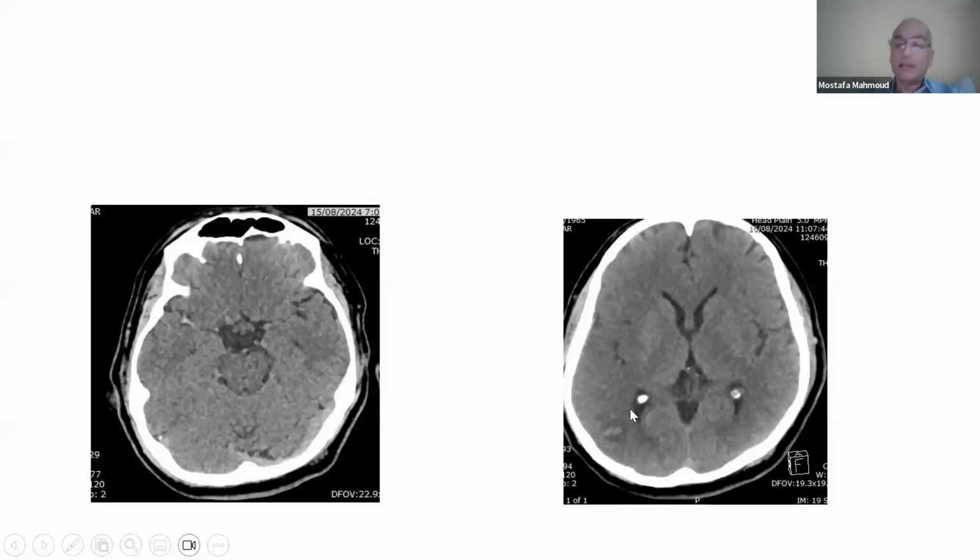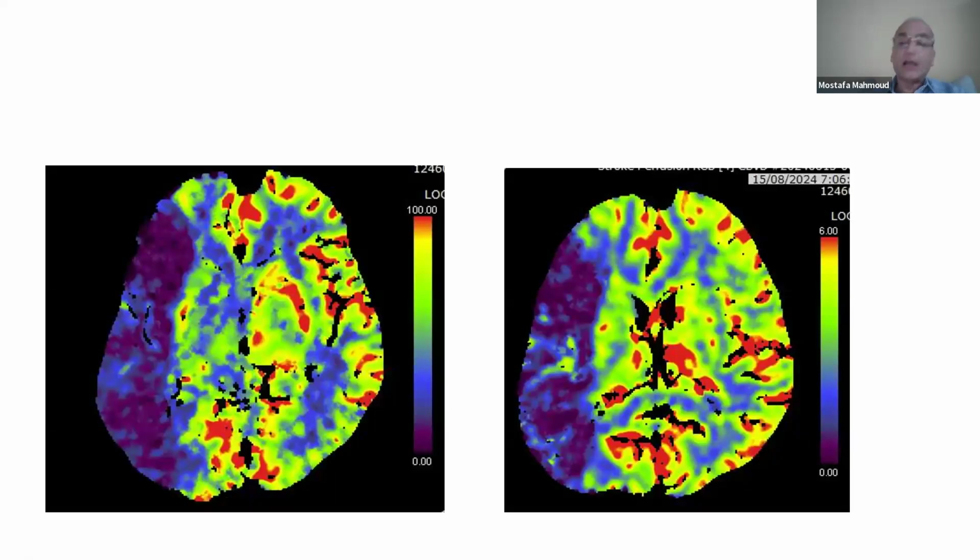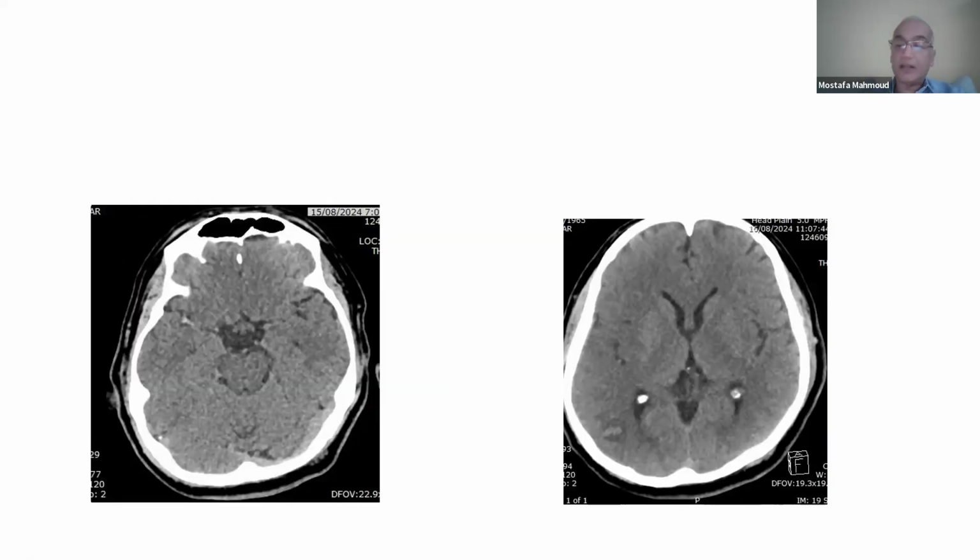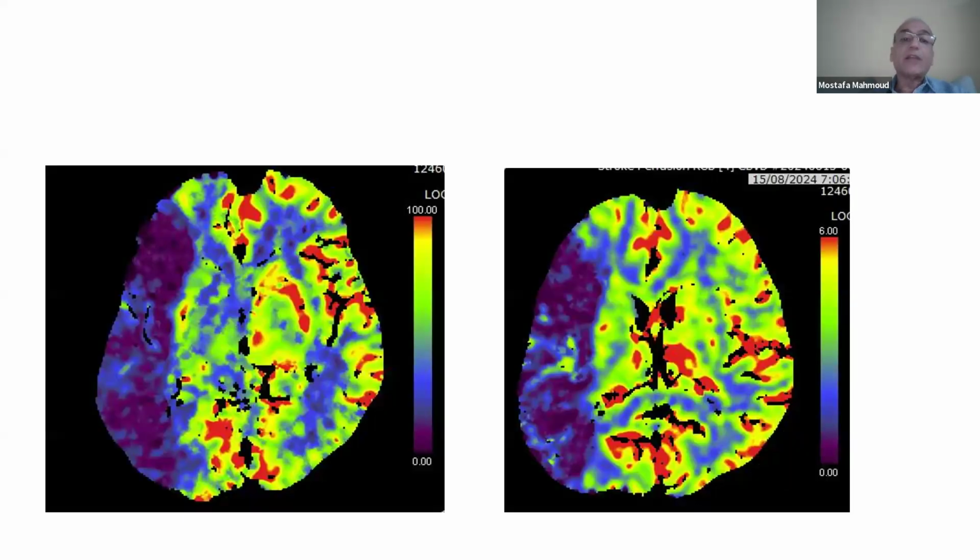Plain CT: obviously there is a hyperdense sign in the MCA, and a typical matched defect. We will go for thrombectomy anyway, whatever the CTP result is. It is a matched defect, but it is not real. It is a false matched defect.